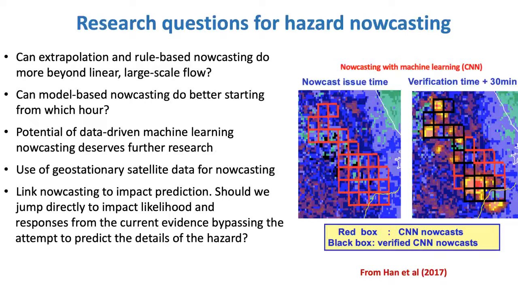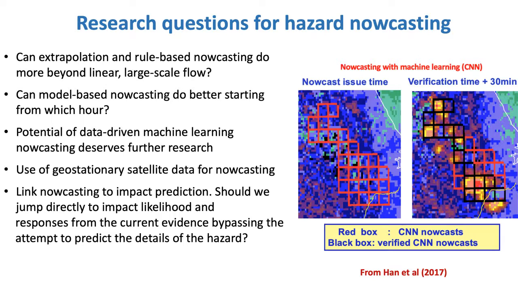Nowcasting is very important for hazard prediction, but we still have a lot of research questions to be answered. For example, machine learning is a new technique that shows lots of potential. On the right-hand side, there is a figure showing one result from a recent study by Han et al.